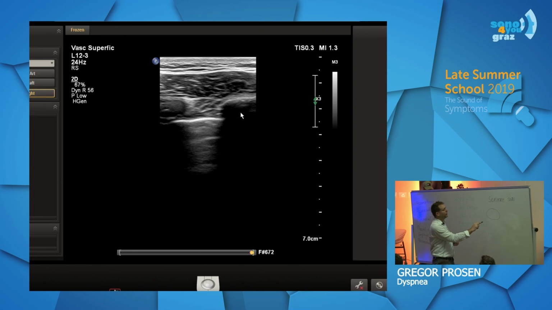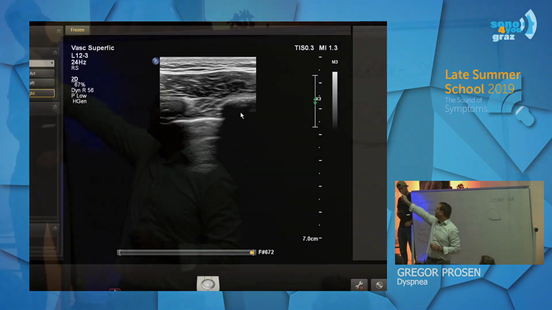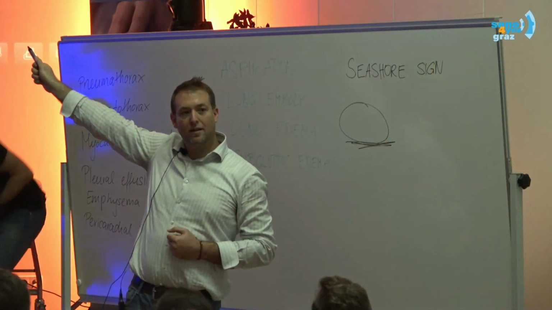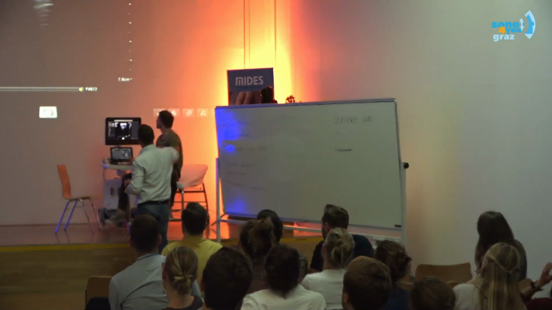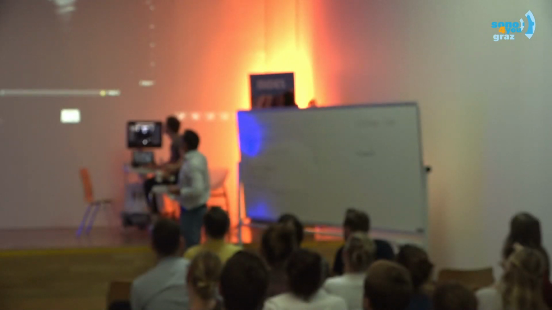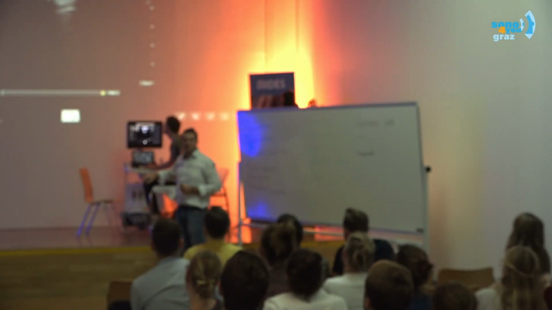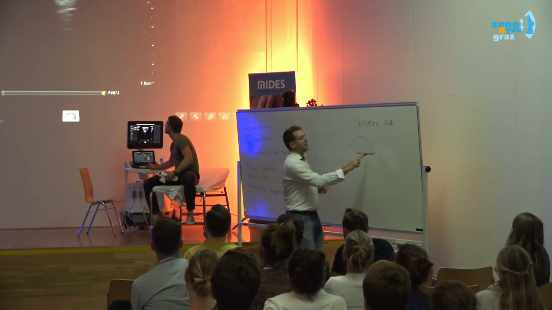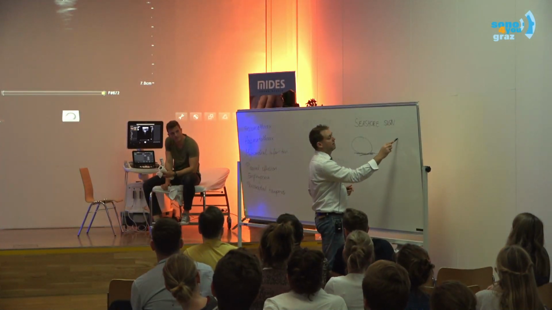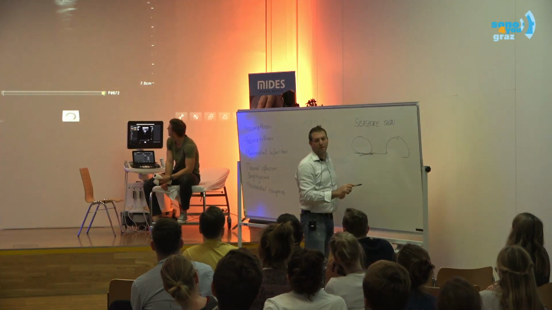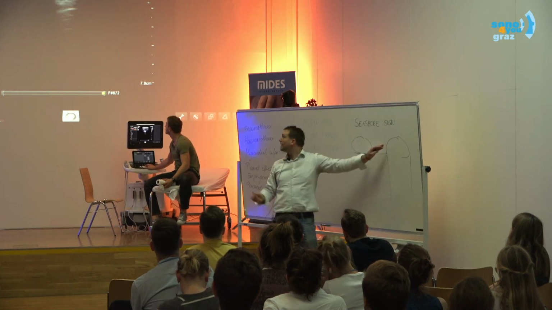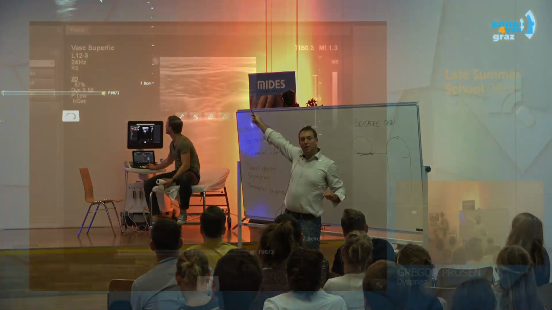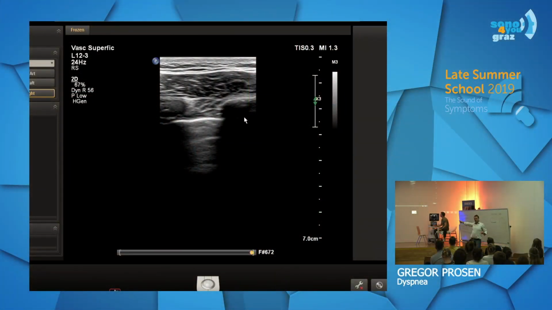Because through it you can see hyperechogenic pleural line. Can you show us the pleural line? And the other one is rib, because past the rib there is full acoustic shadow.